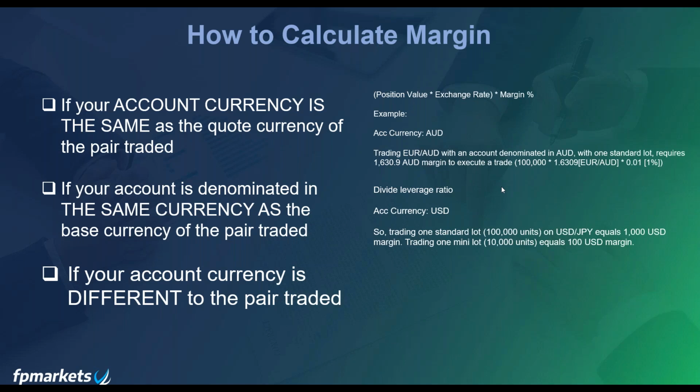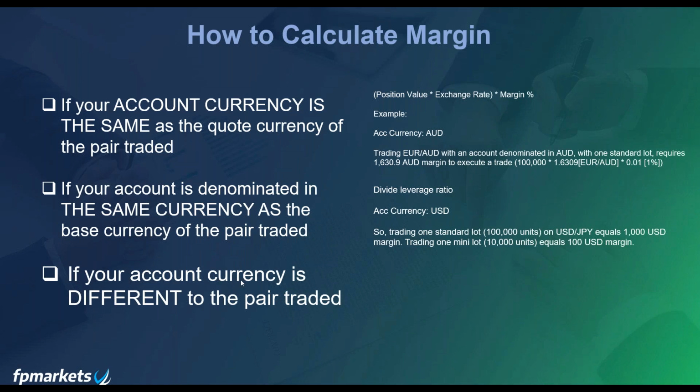For instance, similar to the above, an account set at 100-to-1 leverage equates to a 1% margin. Remember, we divide 1 by 100. So trading one standard lot, 100,000 units, equals $1,000 margin, and trading one mini lot at 10,000 units equals $100 margin.